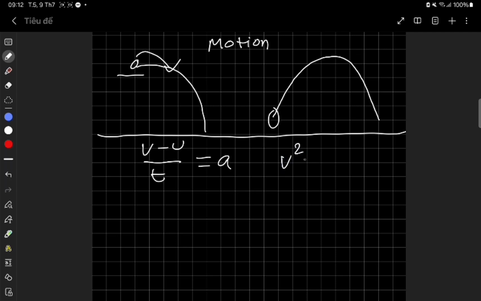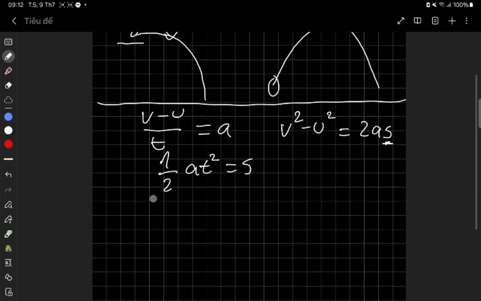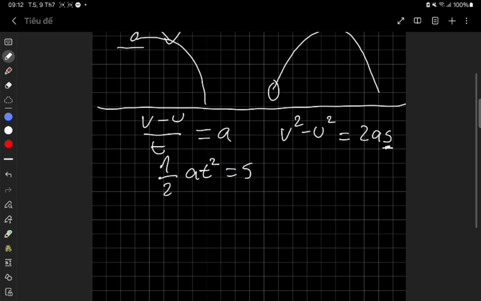The second formula relates the three values that we talked about before, but with distance. And the final one is this. These three formulas are the basis from which the other formulas are formed. We just plug in the numbers and we can find the answer.